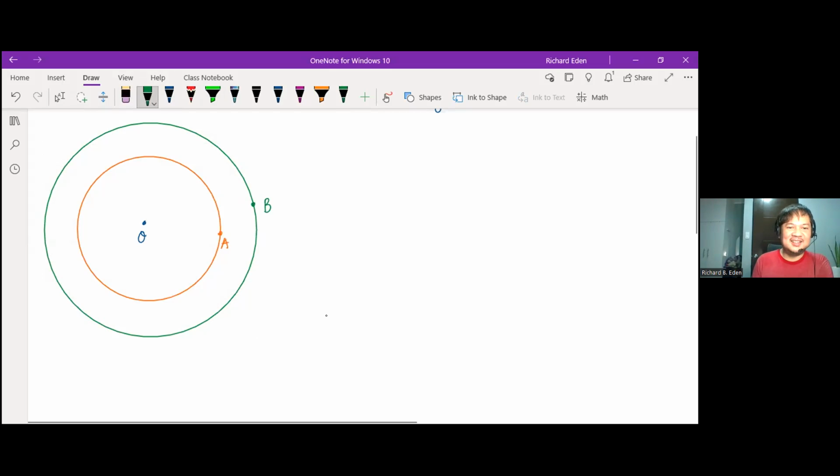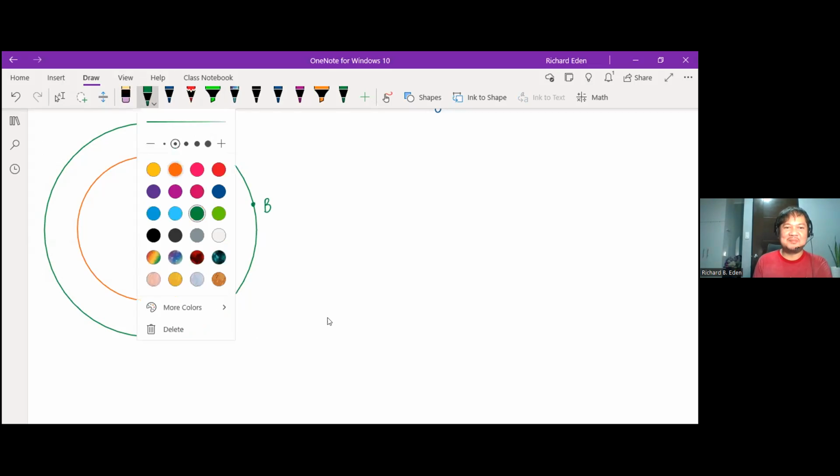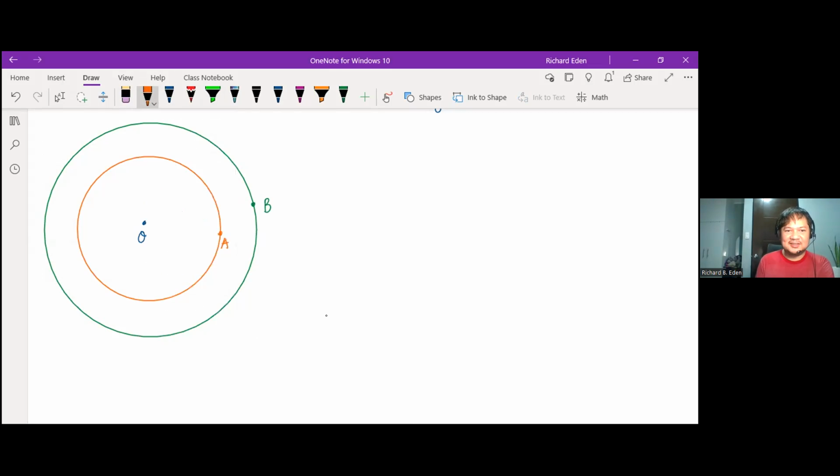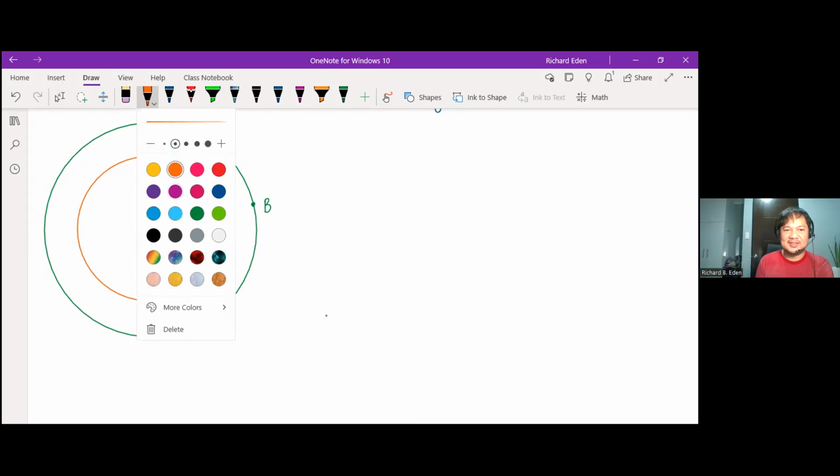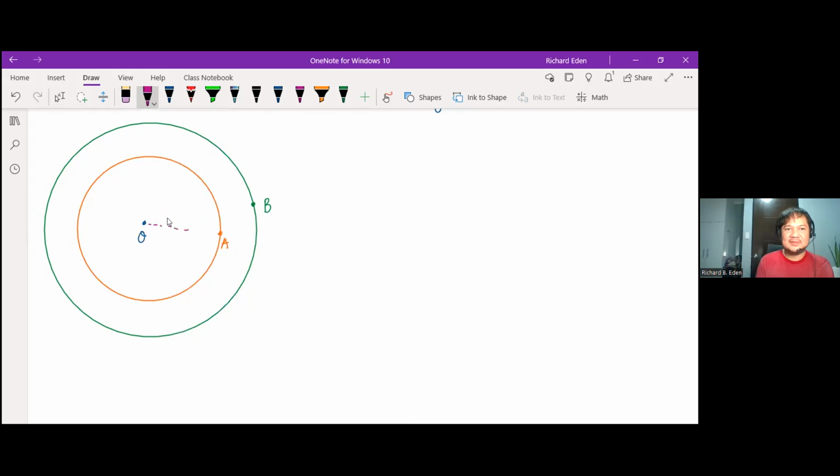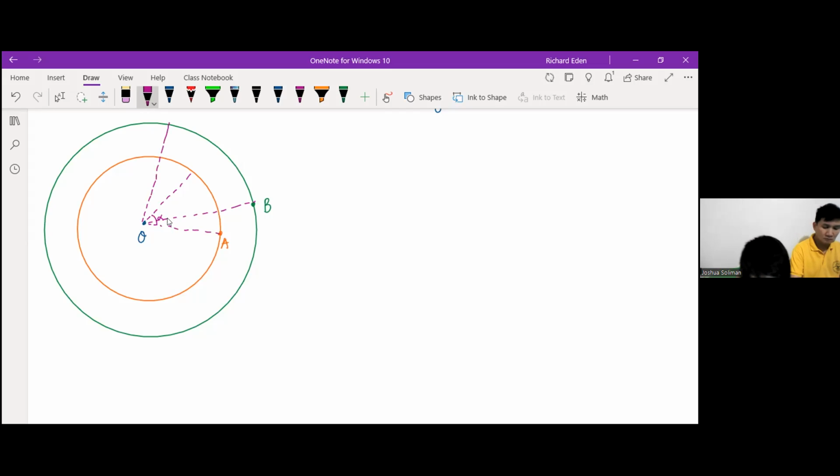All right, and let's say we're looking at a particular angle. So let's say the angle is alpha. So say that's angle alpha. Okay, and then here on the green circle, this would then be angle alpha.